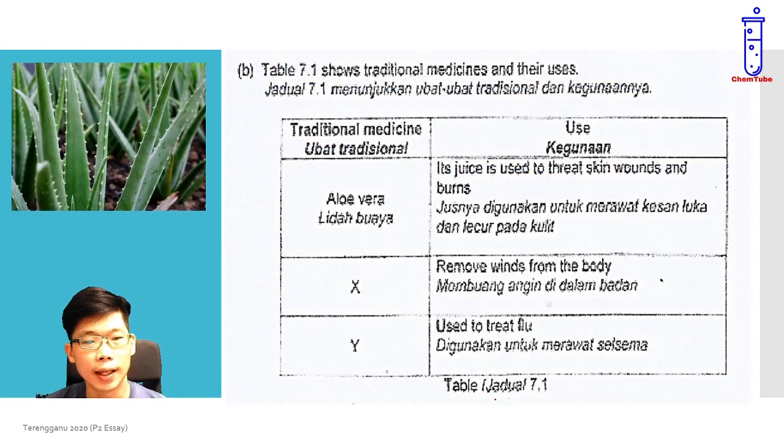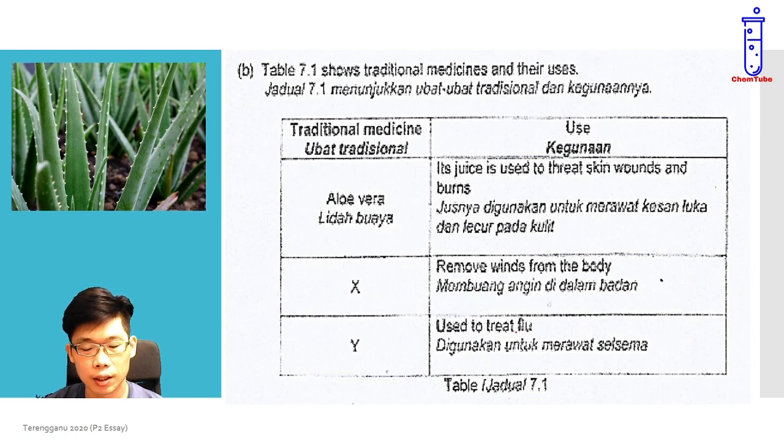B. The table shows the traditional medicine and their uses. You can see here aloe vera, its juice is used to treat skin wounds and burns. Then you are given two types of traditional medicine, X and Y. X is used to remove the wind from the body, and Y is used to treat the flu.